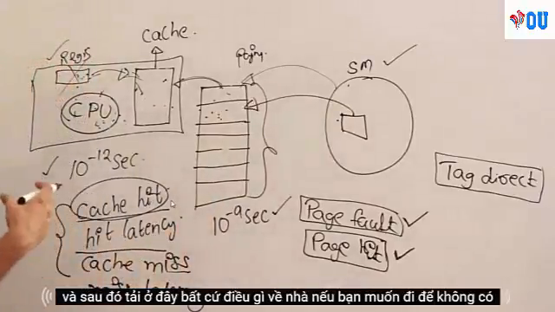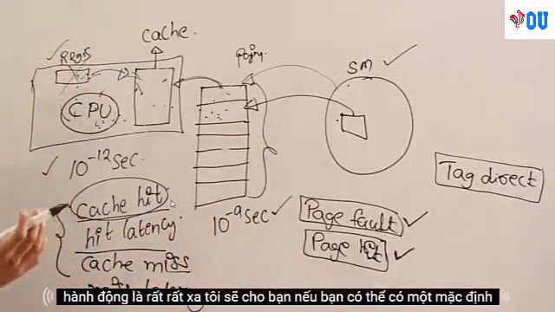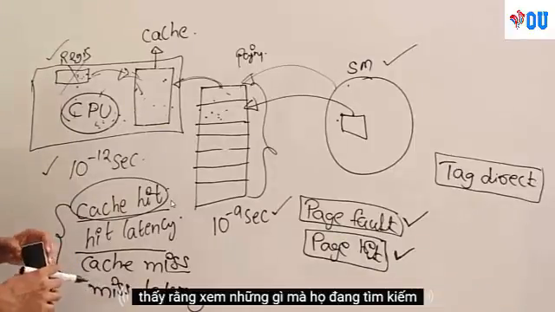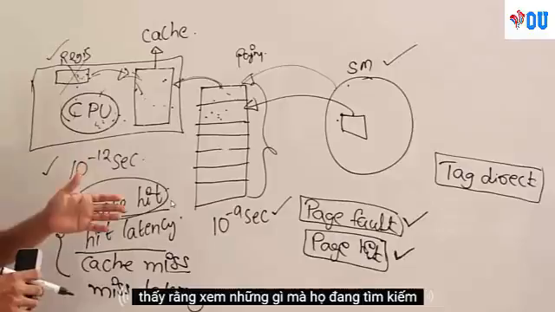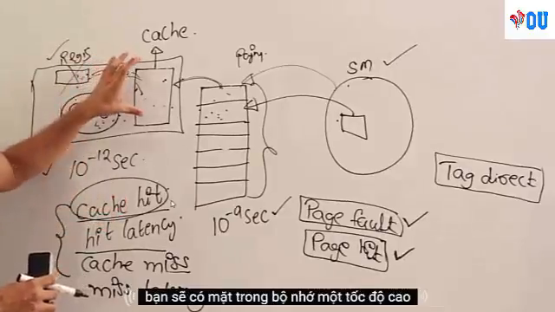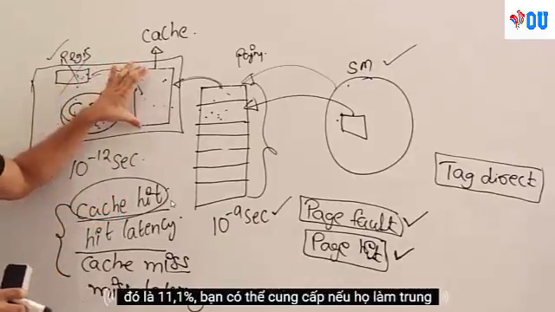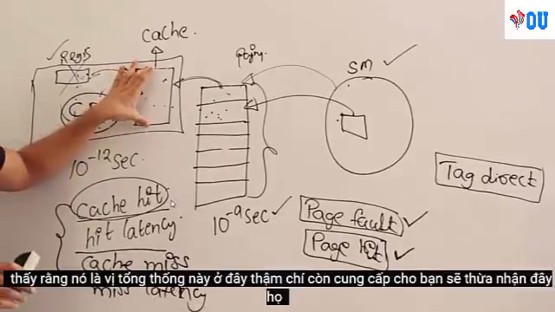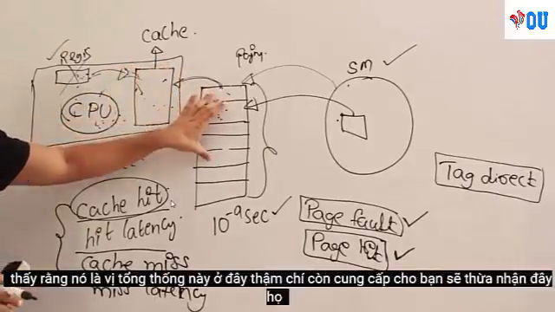Got it? So if you want your access to be very fast, I mean your CPU to run very fast, see that whatever you are looking for is present in the high speed memory, that is level 1. In case there is a miss, see that it is at least present here.